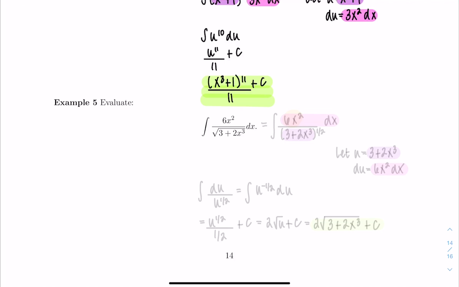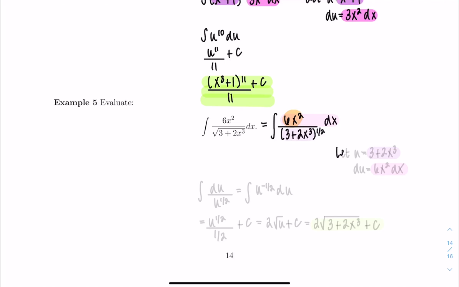First, I'm going to rewrite the integral: 6x squared all over the denominator written with the 1/2 power. If we notice, the derivative of 3 plus 2x cubed is 6x squared, which is what we have in the top.